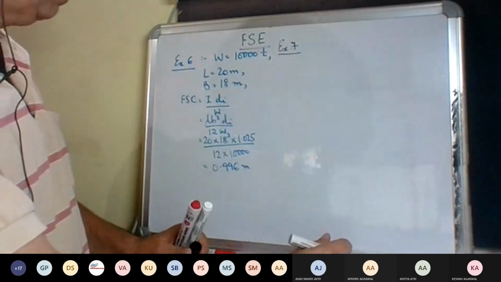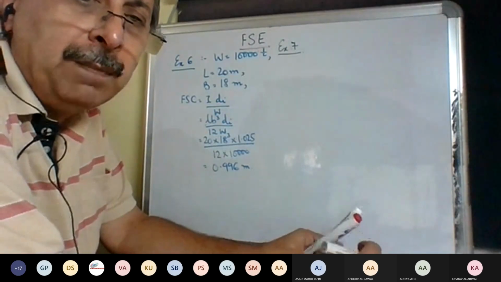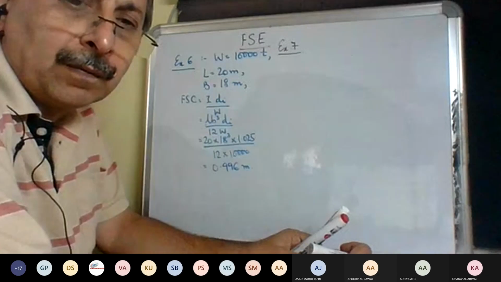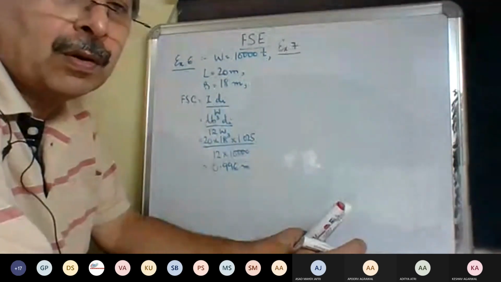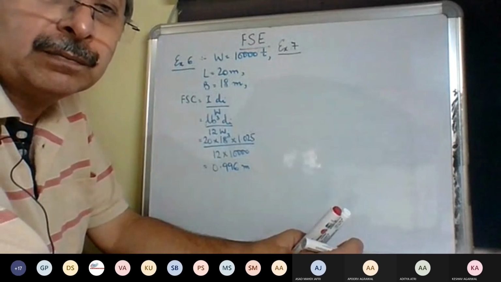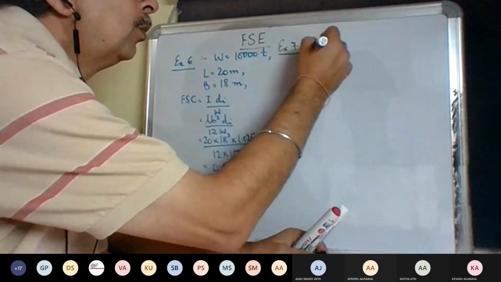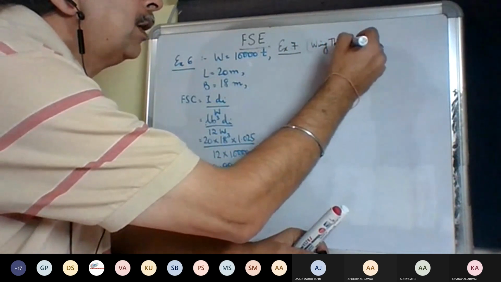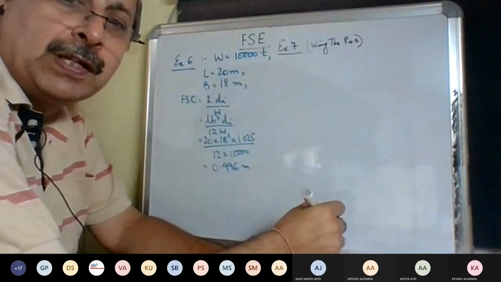So this time we will have 3 port and 3 starboard. Divided, that means we are halving it basically. So let us see the effect when the tank is divided into wing tanks, port and starboard.